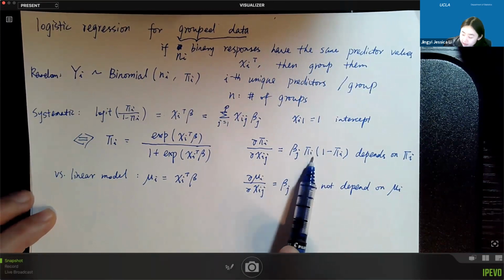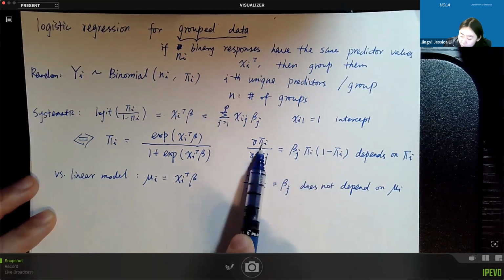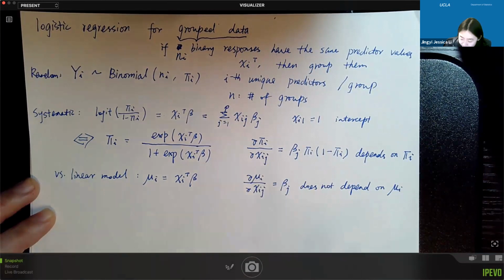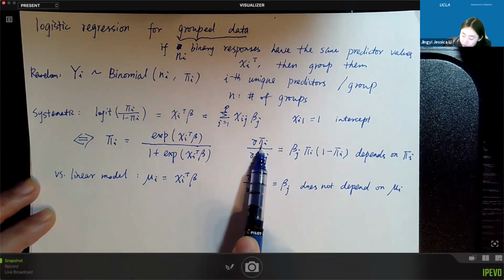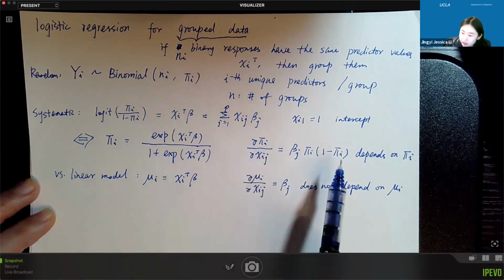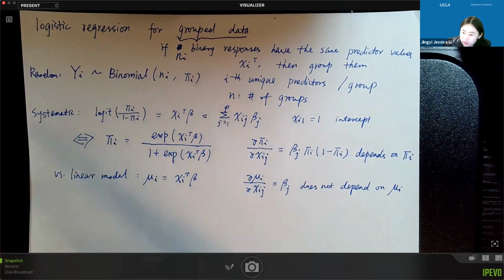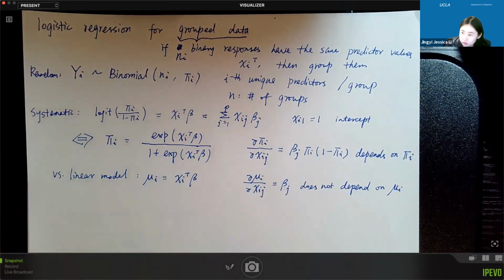And you can see why this makes sense. Here, pi i is constrained between 0 and 1, right? So no matter how much you change the predictor, once it reaches down to 0 or up to 1, it cannot change anymore. Otherwise, it's no longer constrained between 0 and 1.